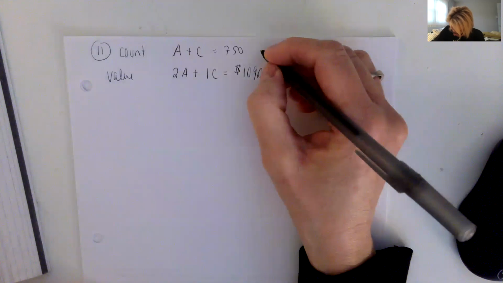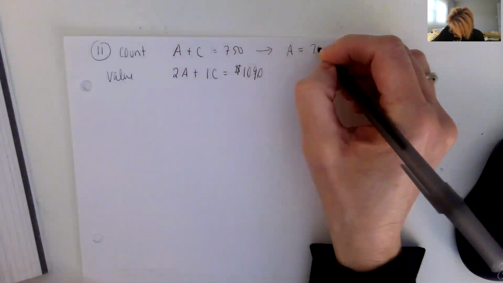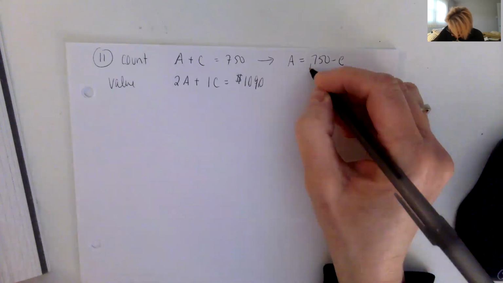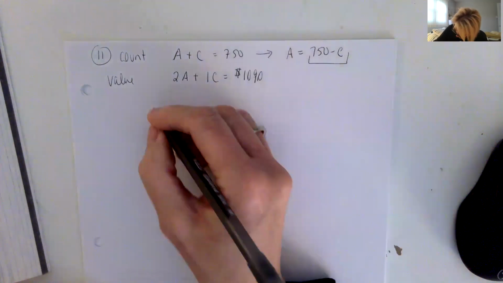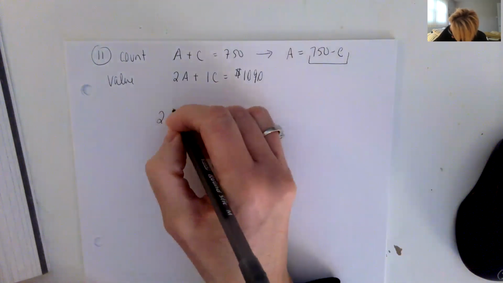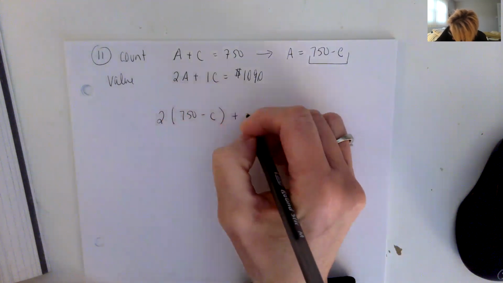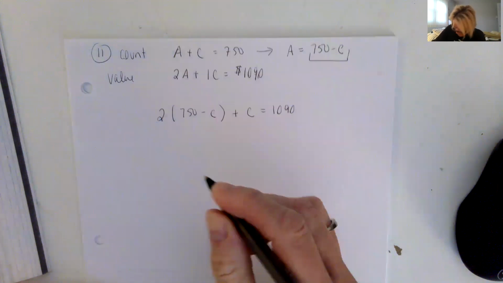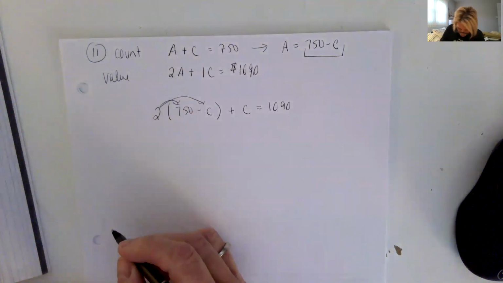So I like substitution better, so I'm going to subtract C and say that A equals 750 minus C, because that's an easy one to do. So I can substitute that in for A into 2 times 750 minus C plus C equals 1090. And then we're going to distribute.